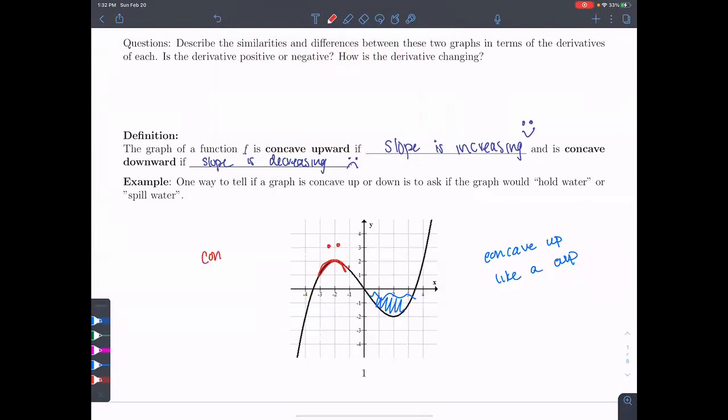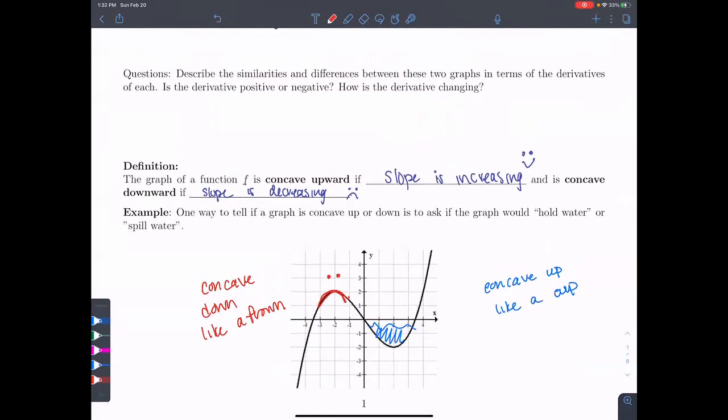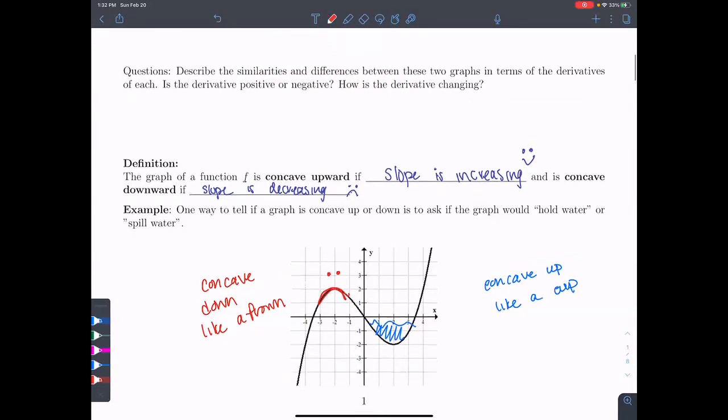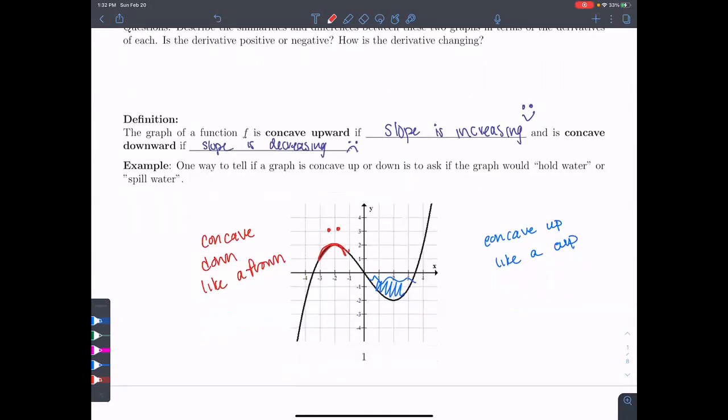This is concave down like a frown. So this is concavity: concave up like a cup, concave down like a frown. What's going on with the second derivative, we'll determine more about that as we go.